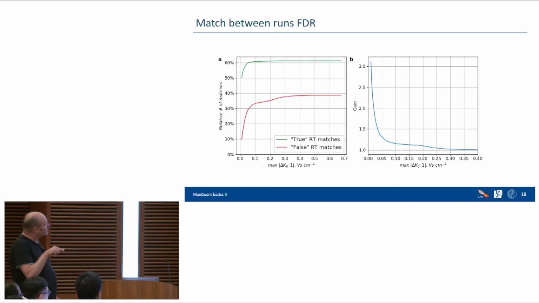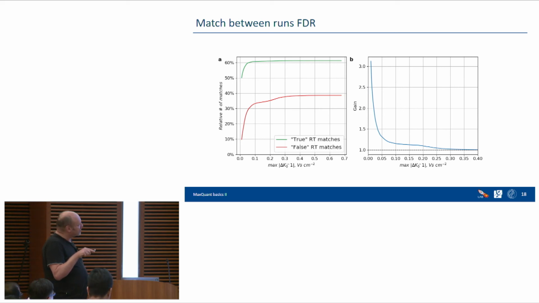And then we just count how many these are. So we calculate the percentages. So they start high on the plateau here. And then you see that actually the false matches get reduced earlier than the true matches, basically, right? And then if we normalize these two curves to be on top of each other at the asymptotes and divide one by the other, this is a measure of the gain in quality or the gain in specificity that we get through the ion mobility window, right?